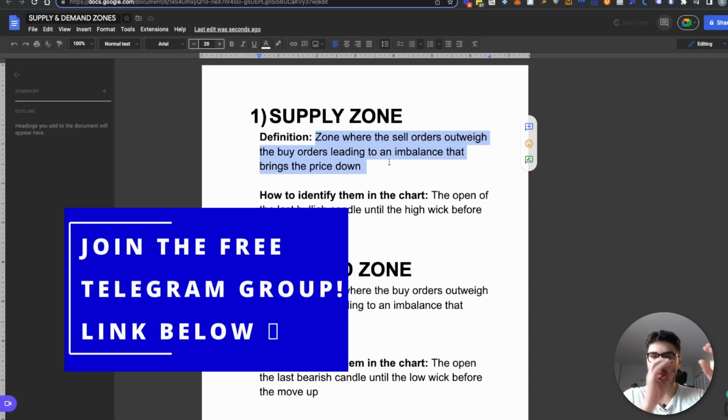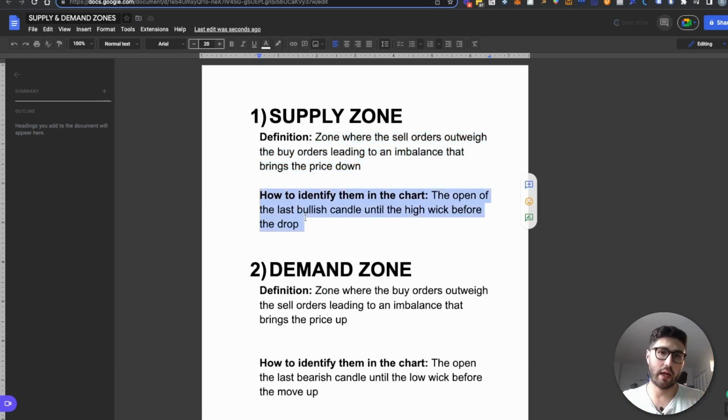So how do we identify it in the chart? It is the open of the last bullish candle until the high wick before the drop, okay? We're going to identify that in a second on the chart. I just wanted to let you know theoretically what that means in the chart.